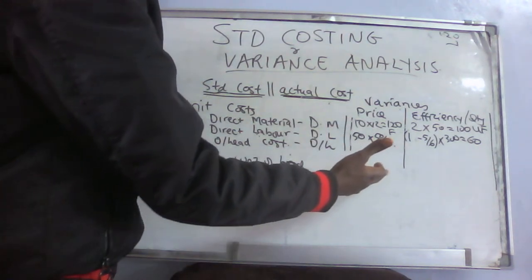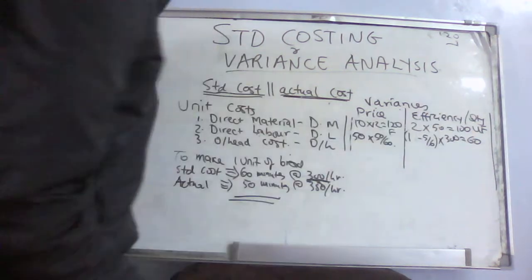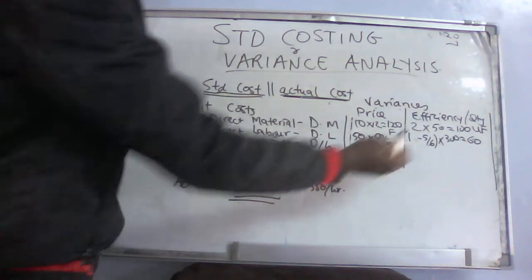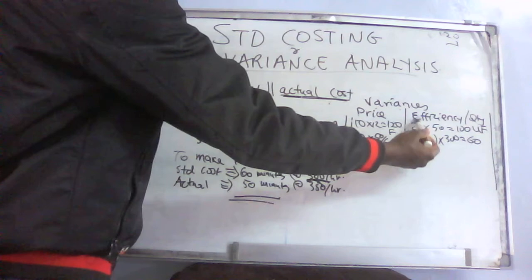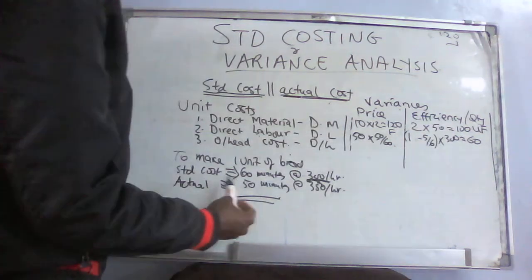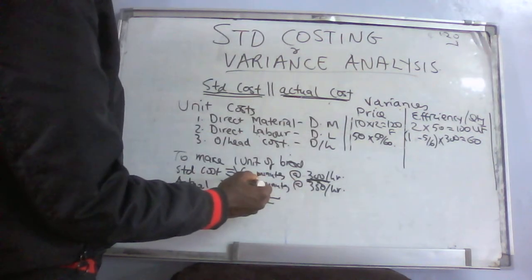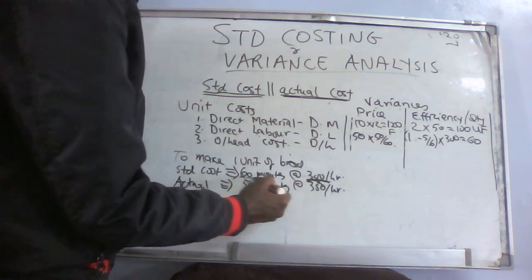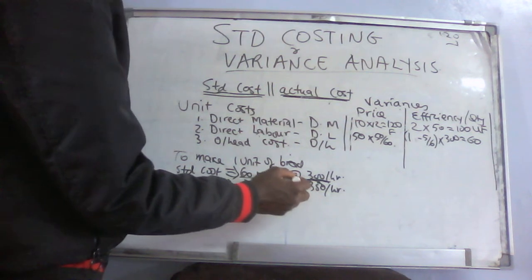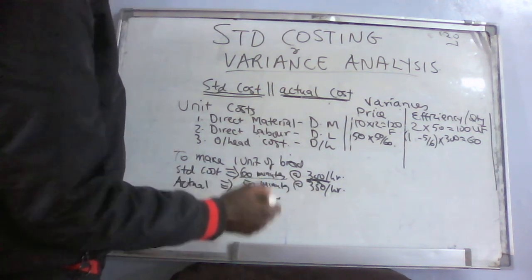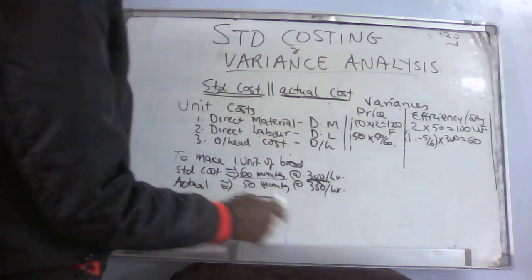Now, is this favorable or unfavorable? This is the efficiency variance, so we compare the quantity of labor hours that we thought we would use. We thought we'd use 60 minutes, but we've used 50. So this is favorable because we've used a lesser amount.